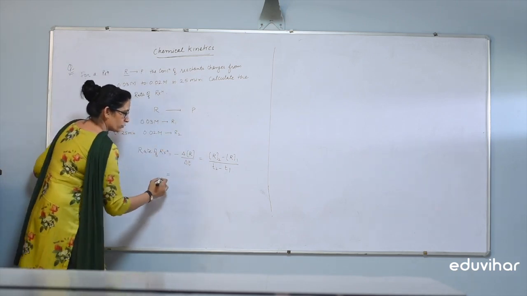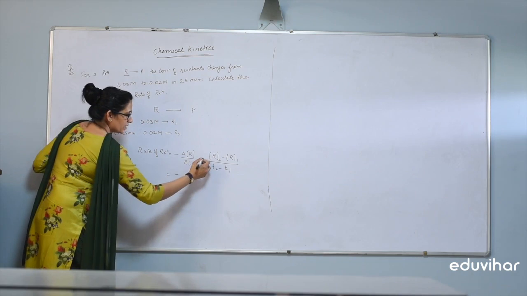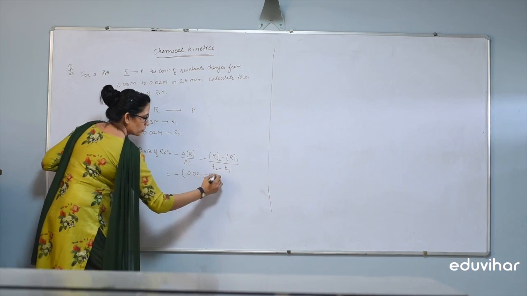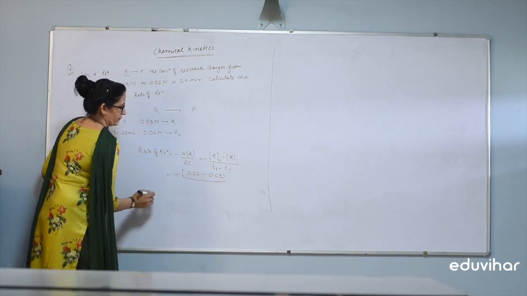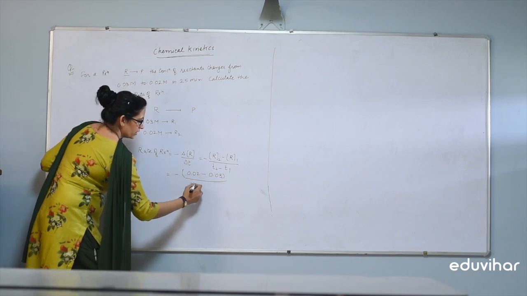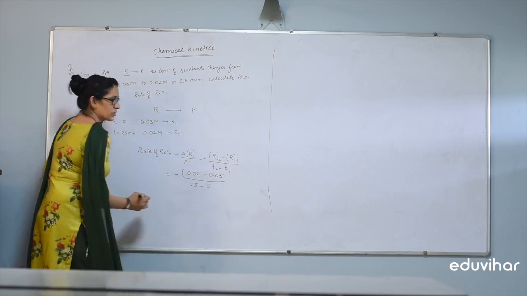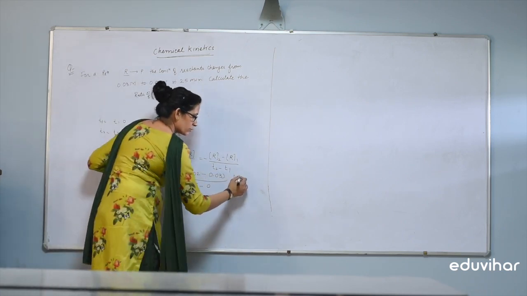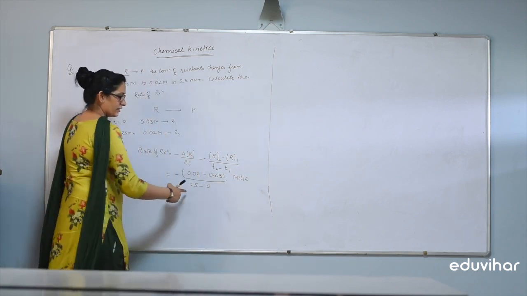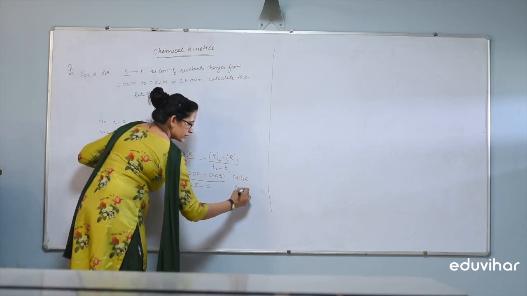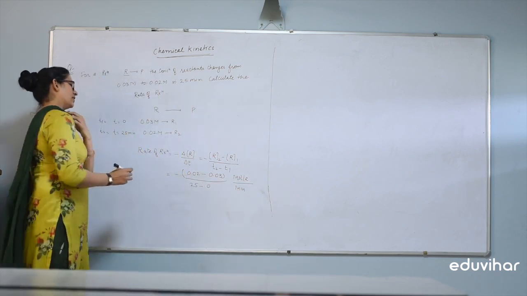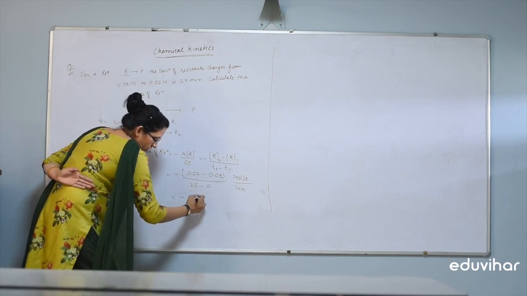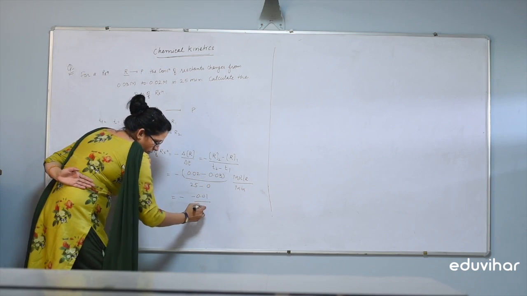Putting all these data into the formula, minus 0.02 molar minus 0.03 molar divided by the time, 25 minutes minus 0. The unit of concentration is capital M. Capital M means mole per liter, and the unit of time is minutes. This becomes minus 0.01 divided by 25.